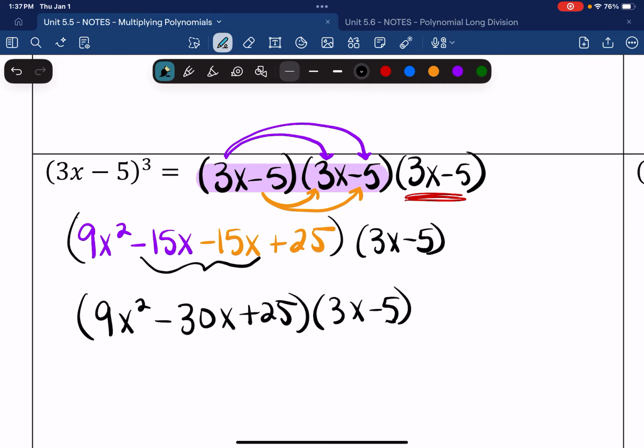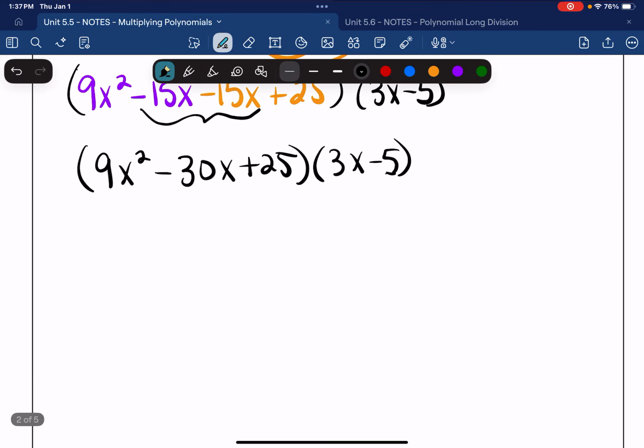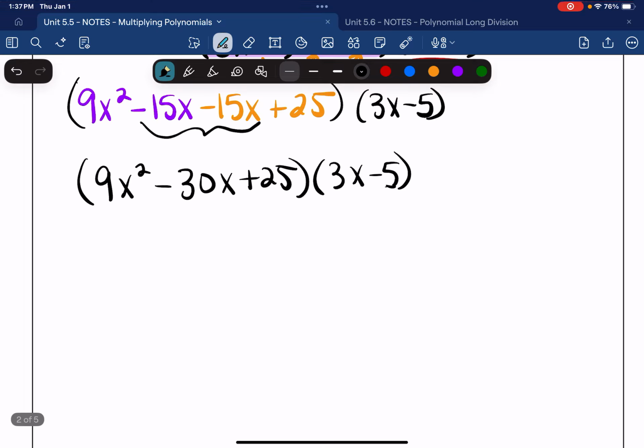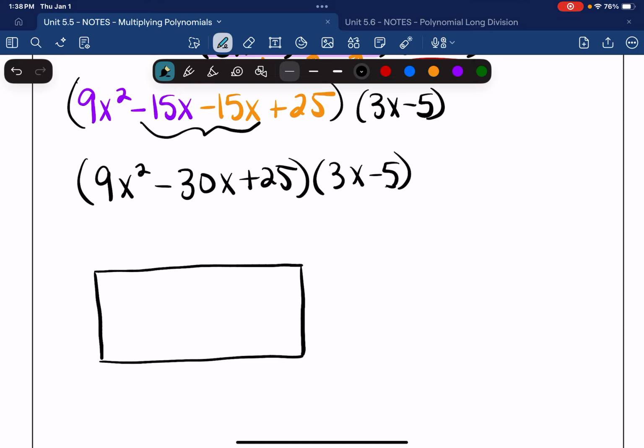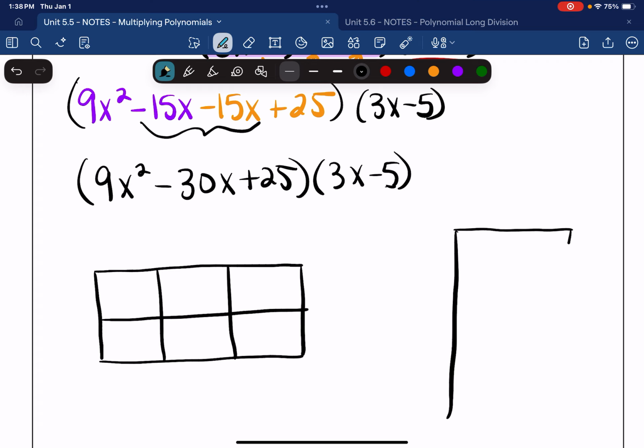Again, because I have a trinomial that I'm multiplying by, I'm going to go ahead and use the box method again, okay? Just because I have more space horizontally than I do vertically, I'm going to put the binomial on the left side. It doesn't matter how you build your box, okay? You can make it horizontal or you can make it vertical. It's a matter of preference. It's whatever you guys want to do, okay?